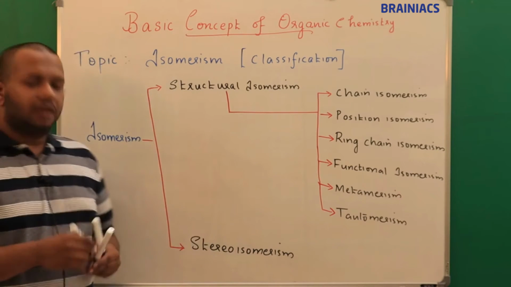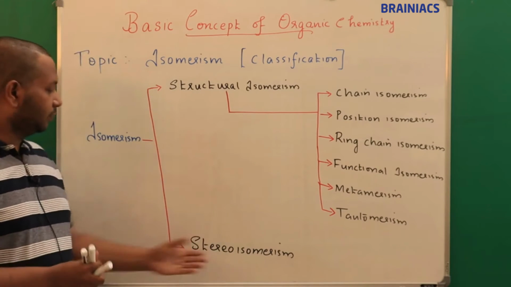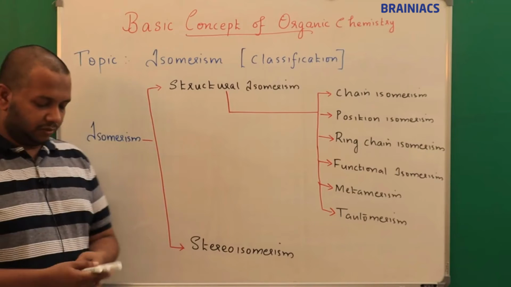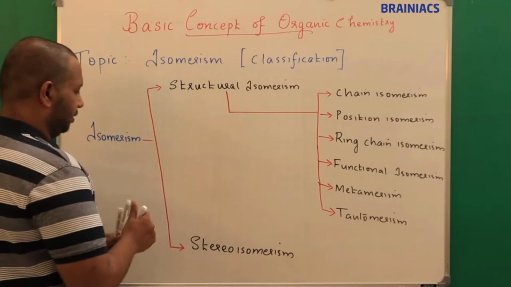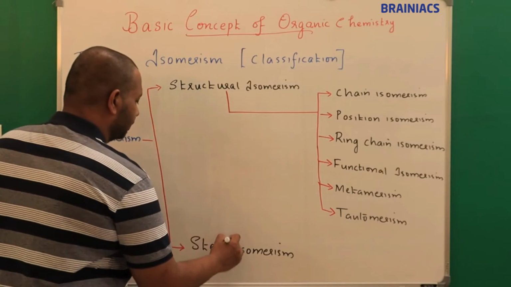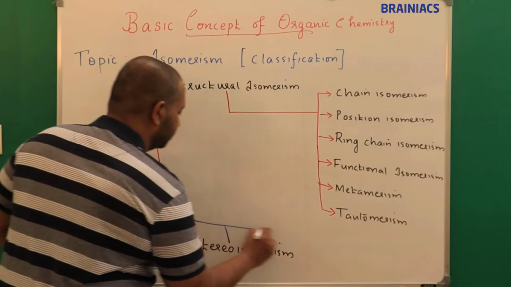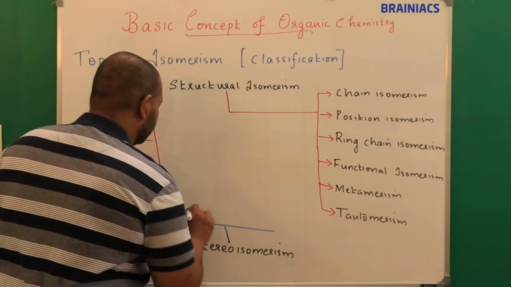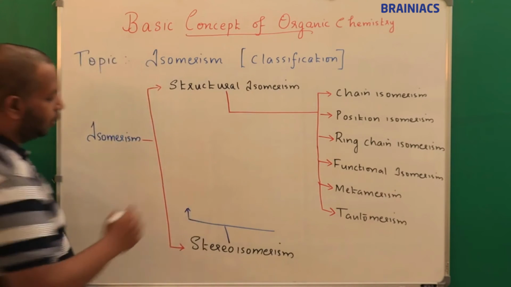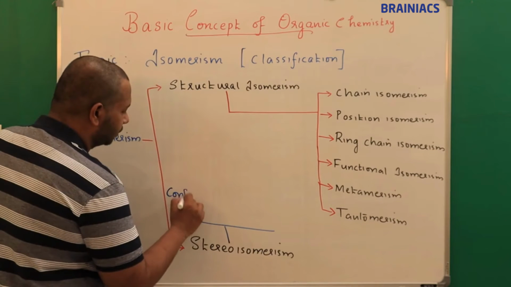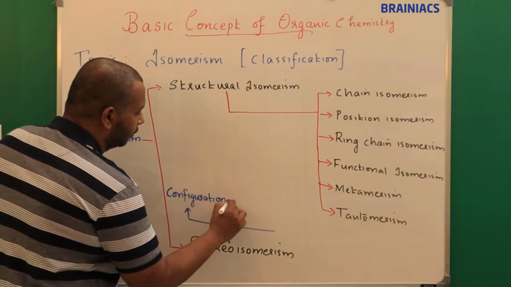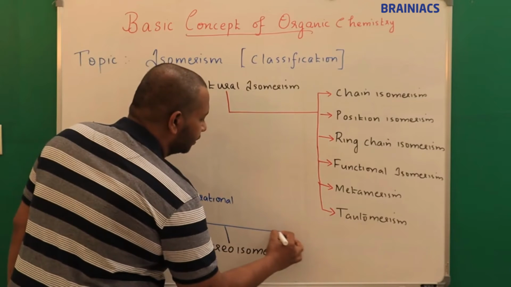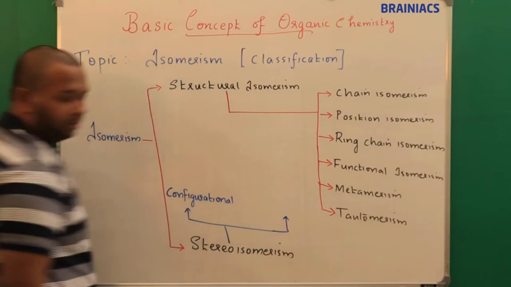Clear for you? Now we will see the classification of stereoisomerism. Stereoisomerism is further classified into two broad things. The first one is configurational stereoisomerism. And the other one, can anybody say?